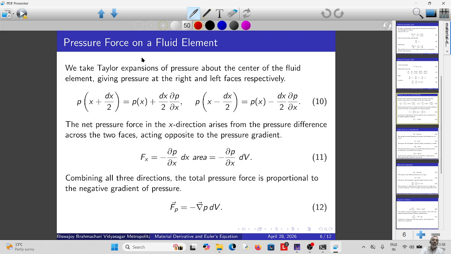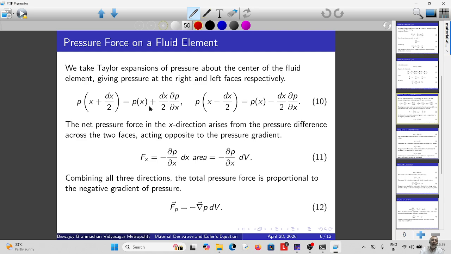So next is the pressure force on a fluid element. Let us consider a fluid element. Now the pressure force acts on the surface because it's a surface force. So if we look at the left side of the element and right side of the element, we can just use the Taylor expansion.